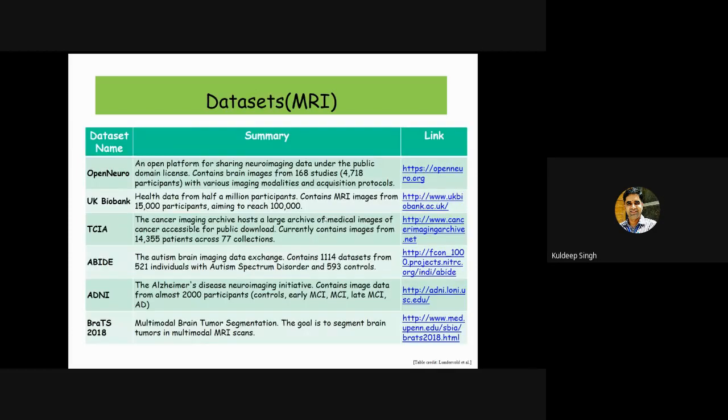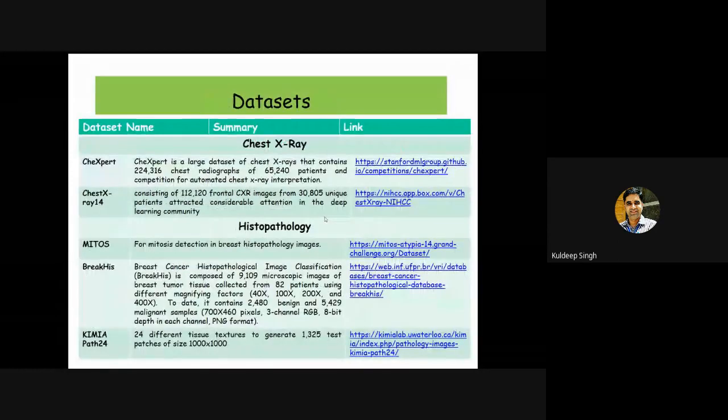Now we'll talk about publicly available data sets for different medical modalities. We have Open Neuro, we have UK Biobank, TCIA, Abide, ADNI. These are basically MRI data sets. So these are publicly available. You can train your models on these data sets and test your model. Then we have chest X-ray data sets, Chexpert, chest X-ray 14.